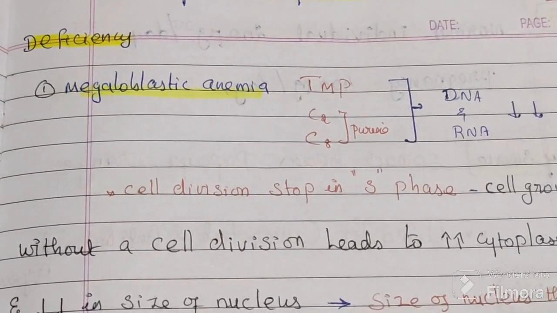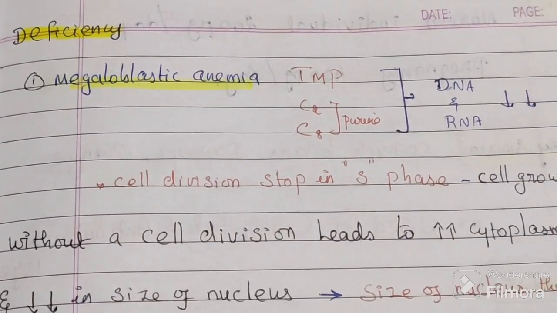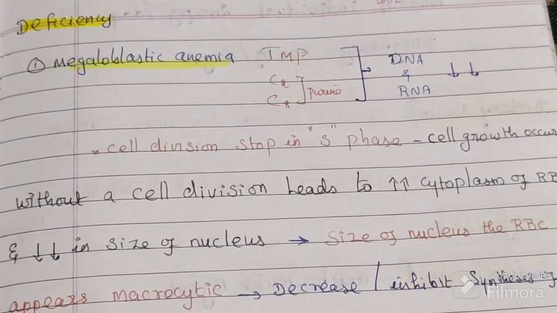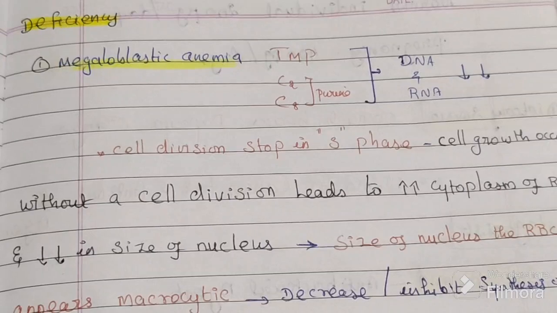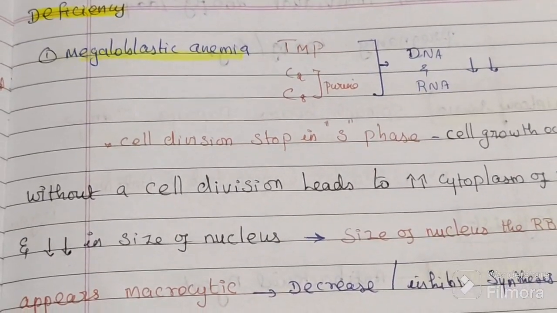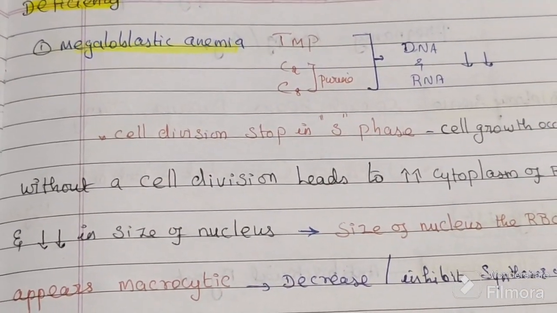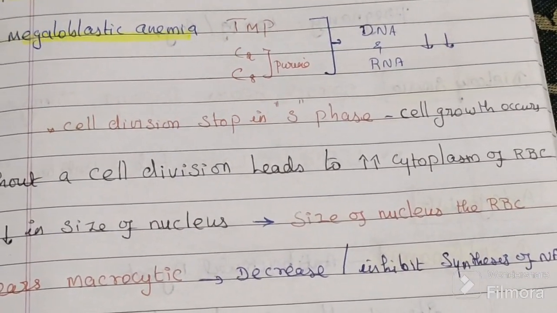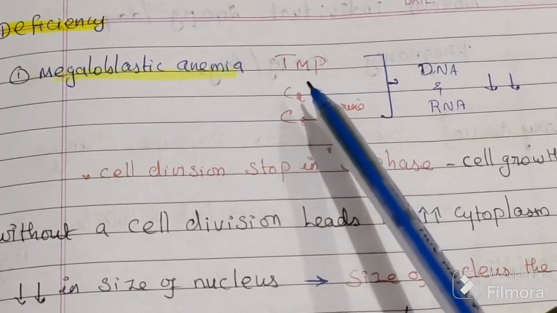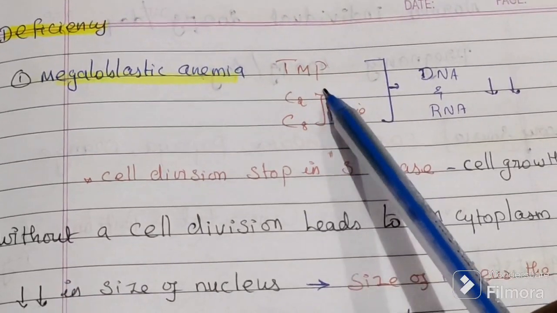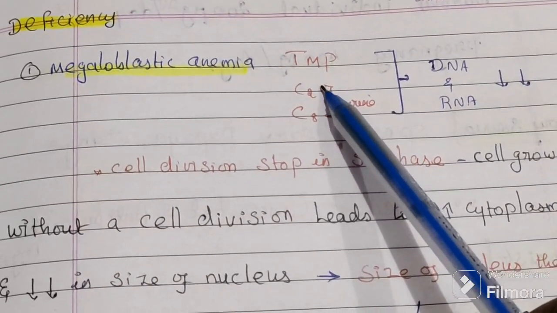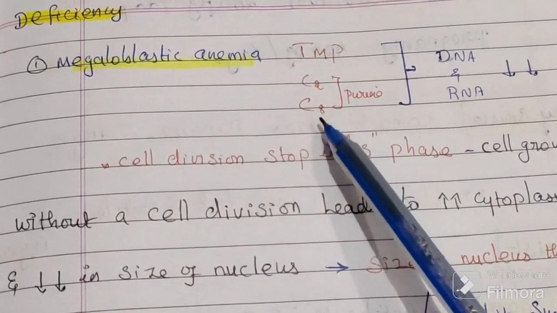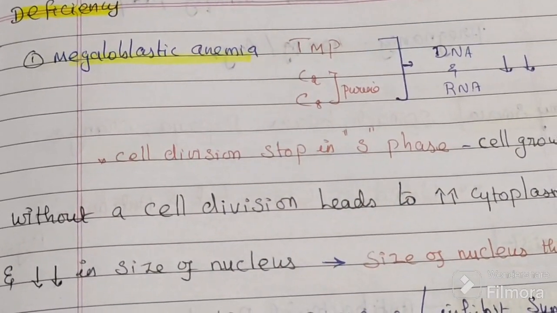The reason for the megaloblastic anemia in folate deficiency: folate is responsible for synthesis of pyrimidine, that is TMP, thymidine monophosphate, and also for synthesis of C2 and C8 of purine.